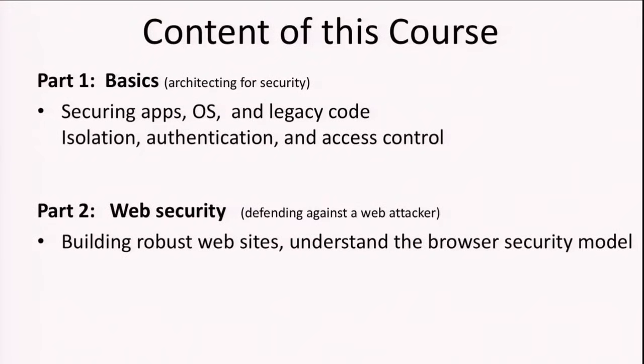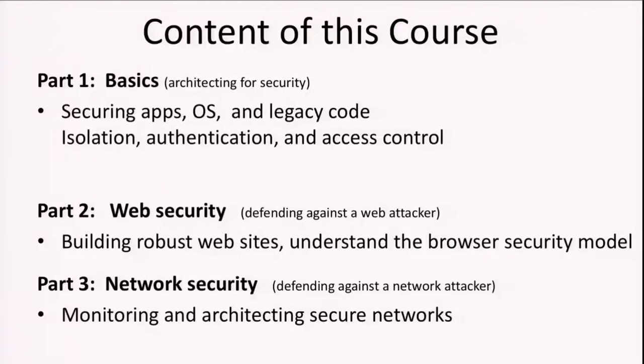Then we'll go into web security, and as we saw, 50% or more of the problems are in the web, so it's an important part. We'll talk about how to build robust websites, understand the browser security model, and how browser security could be affected by various exploits.